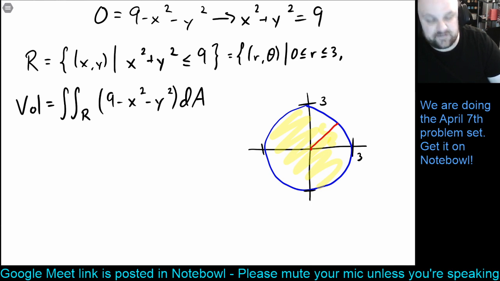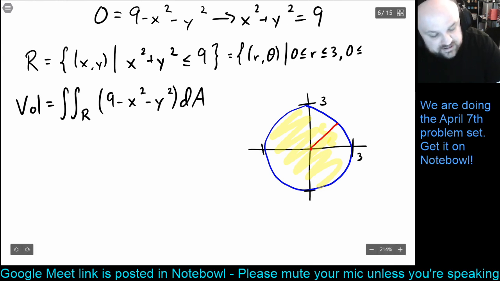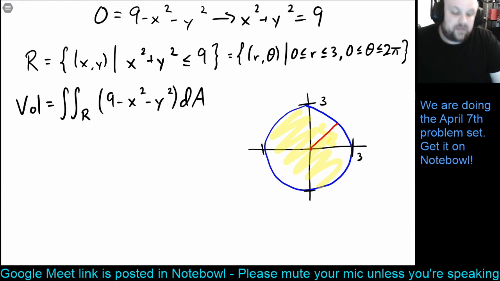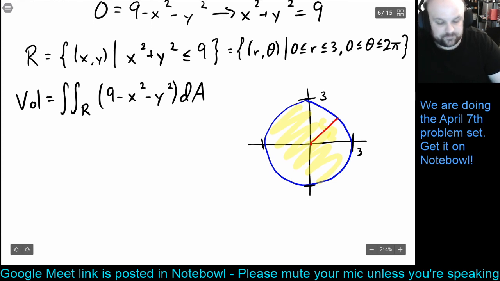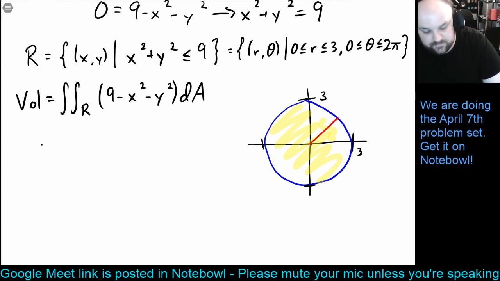We're not cut off at any point. So theta is going to go from 0 to 2 pi. So a disk like this is one of those regions we call a polar rectangle, right? Because it's described in polar coordinates, the bounds are just numbers. So now we just have to swap everything over to polar coordinates.